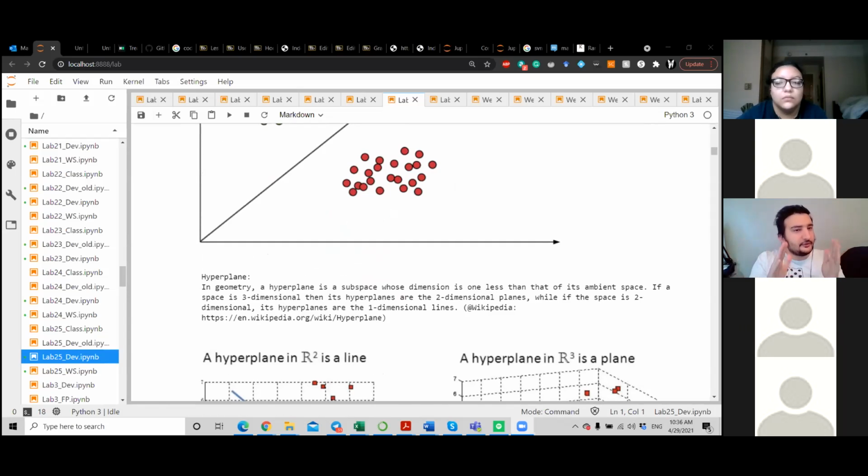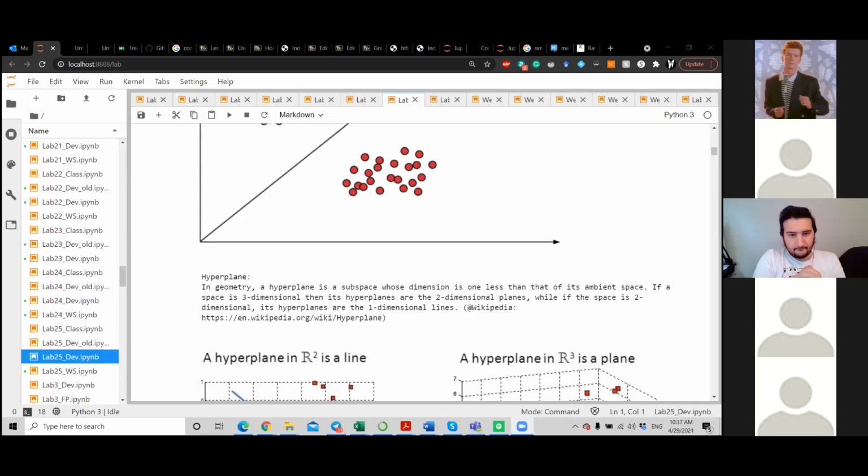What if you are in a 2-dimensional space? What will your hyperplane look like? A 1-dimensional line. What if you are looking at a 1-dimensional line? What will your hyperplane be? A dot, or point.